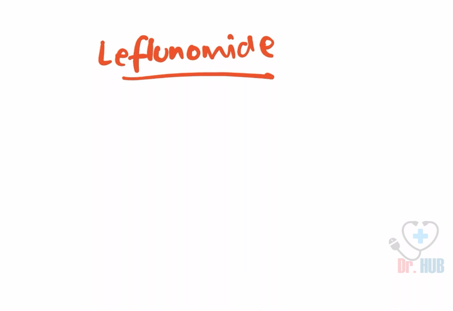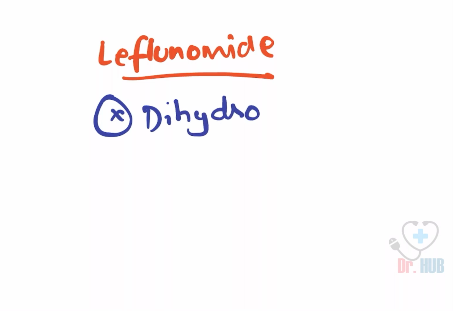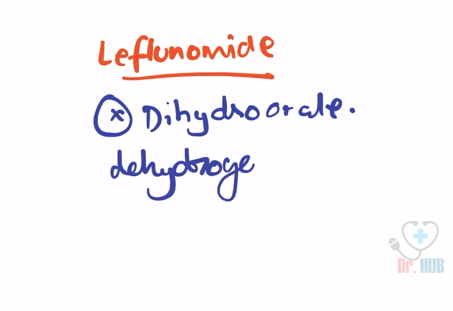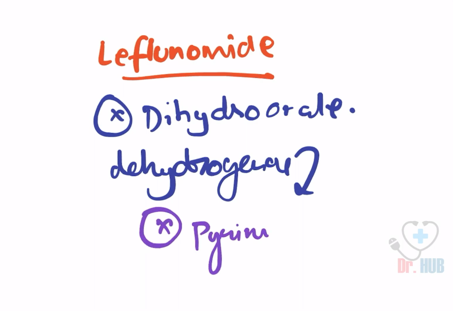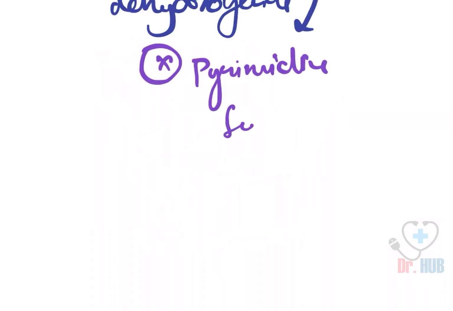Next, we move on to the drug, the Leflunomide. So what this Leflunomide does is that it blocks the orotate dehydrogenase, and this leads to the blockage of the pyrimidine synthesis.